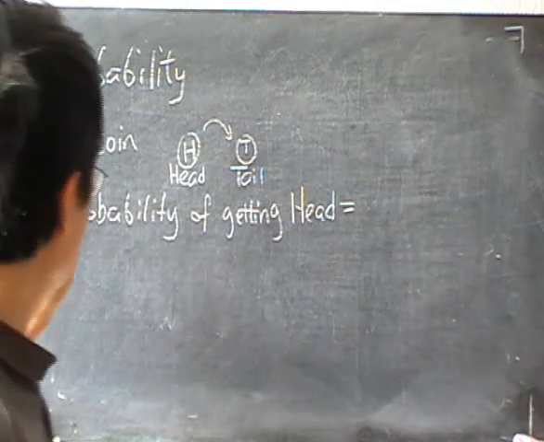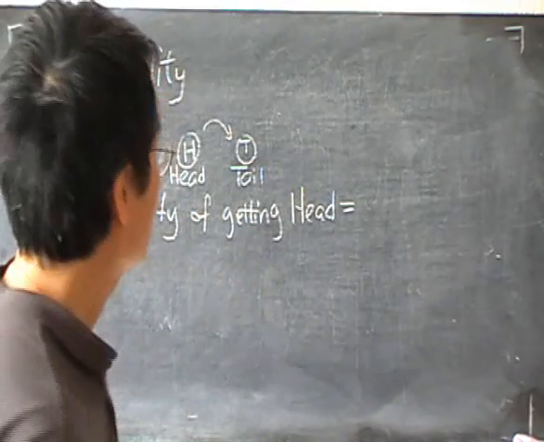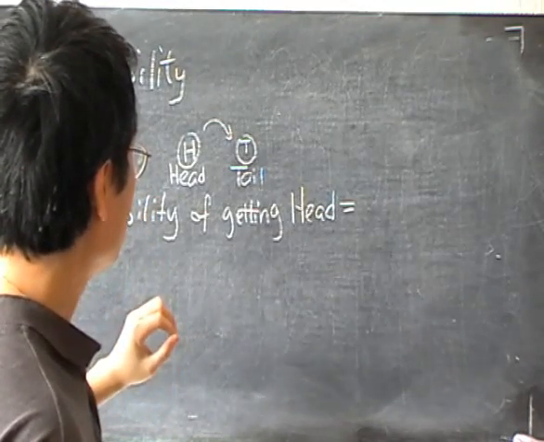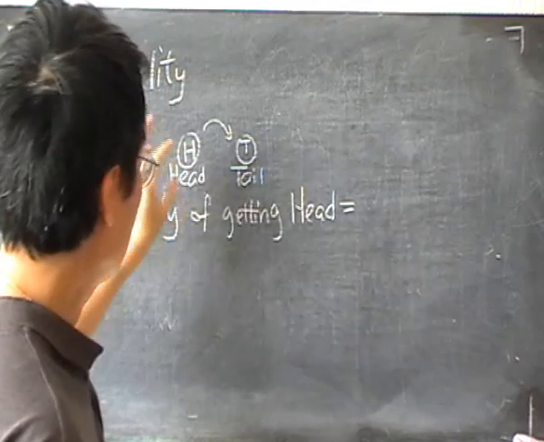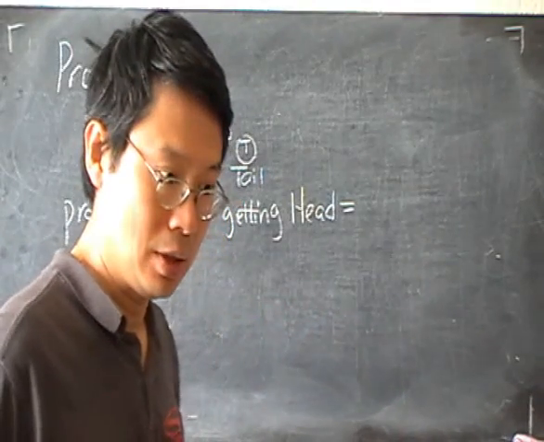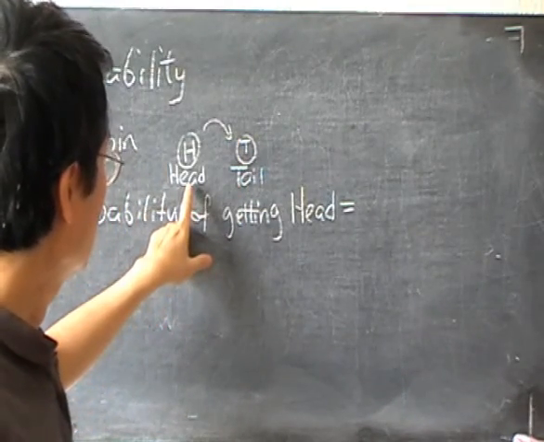So the way to calculate the probability of getting a head is to write down the number of possible events that we are interested in. In this case, it is the head.